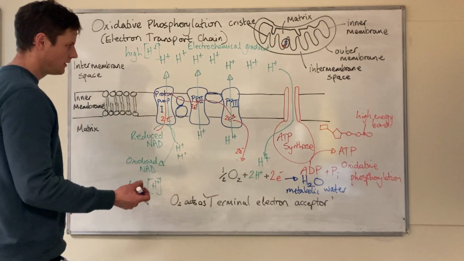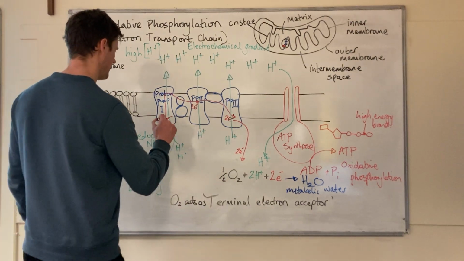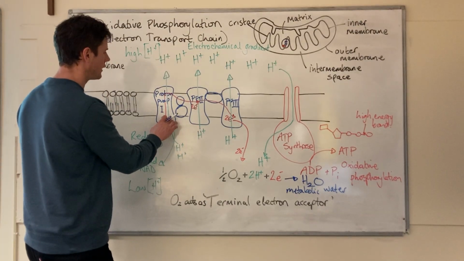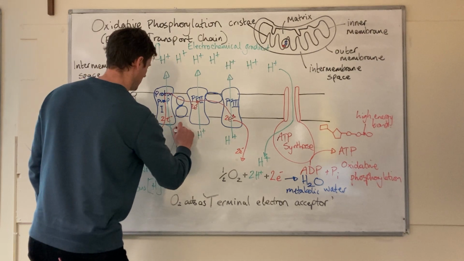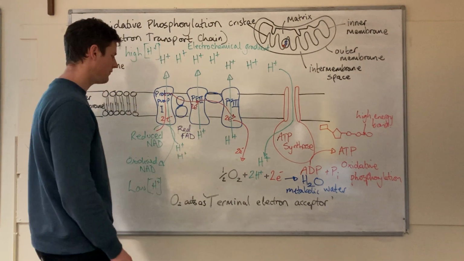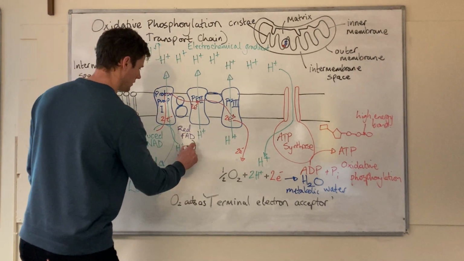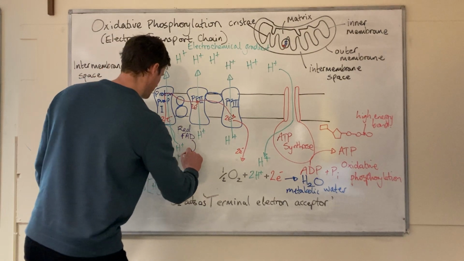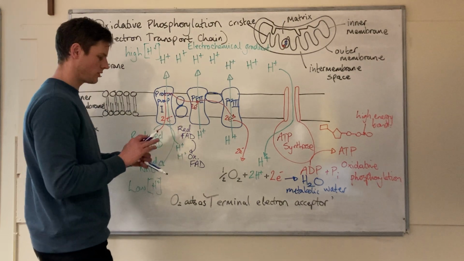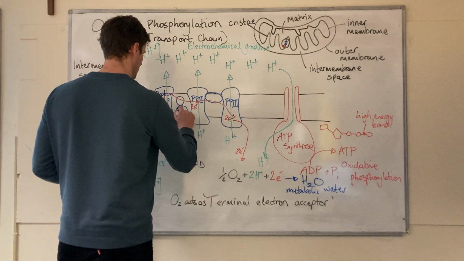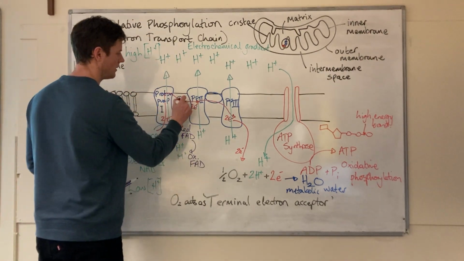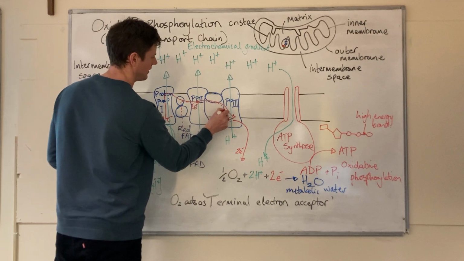Reduced FAD does almost exactly the same thing. The only difference is reduced FAD does not associate with the first proton pump. So reduced FAD is oxidized. It gives up its electrons to the first of those electron carriers, and those electrons do exactly the same thing.